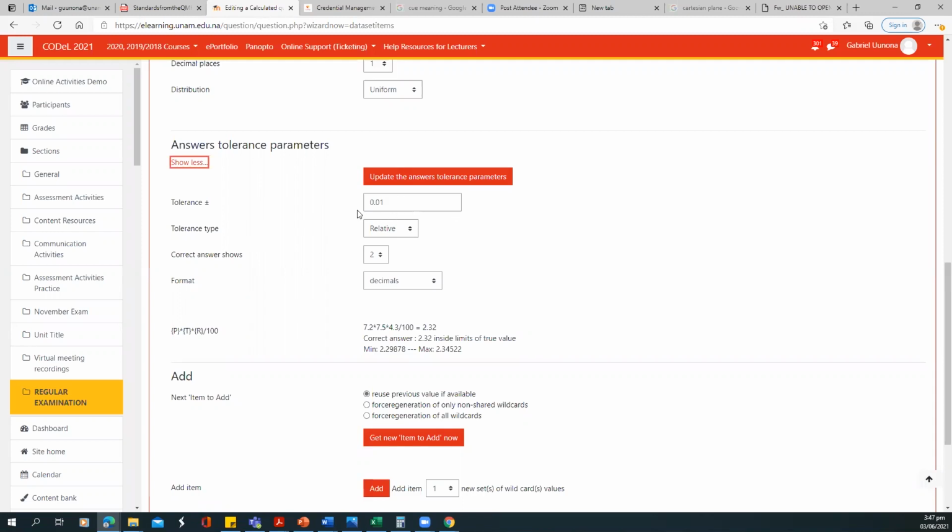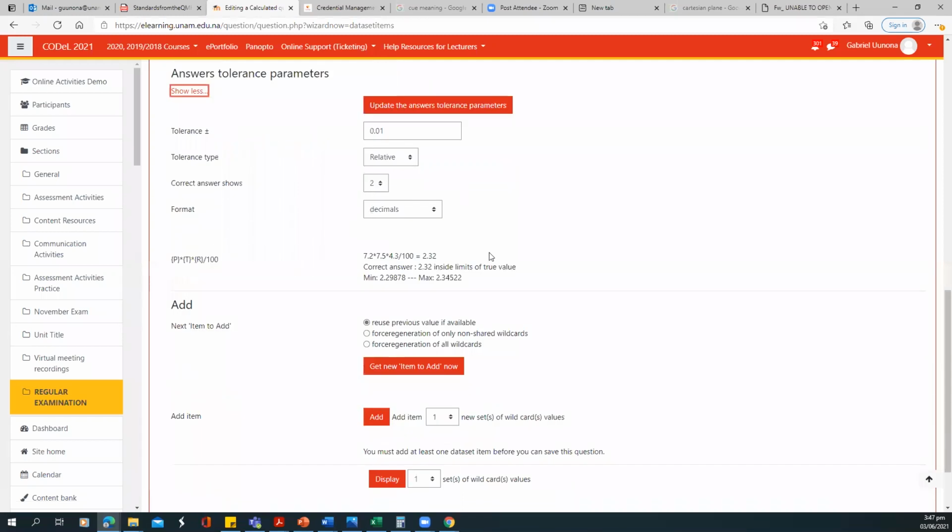You can adjust it, for example, when the student gives an answer and the tolerance is 10%, that means the exact answer minus 10%, or the exact answer plus 10%, all those will make up a range, an acceptable range.